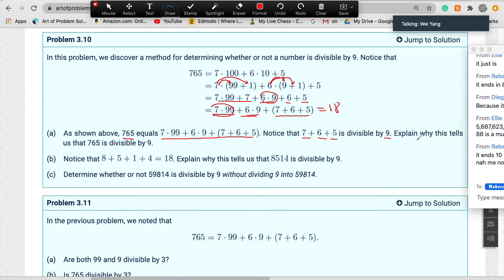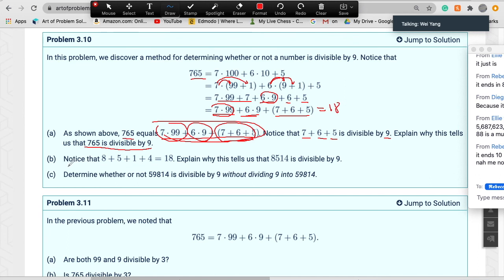I explain why this tells us 765 is divisible by 9, because this one is divisible by 9 and this is also divisible by 9. If this one is divisible by 9, then 765 will be divisible by 9. If this one is not divisible by 9, that means the whole number will not be divisible by 9, right?